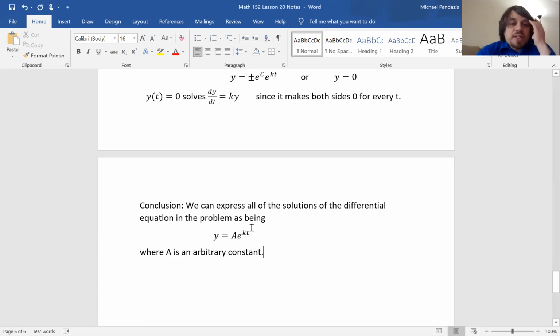You can express A as being e to the c for any value c, or negative e to the c for any value c, or 0. Those three exhaust all real values.